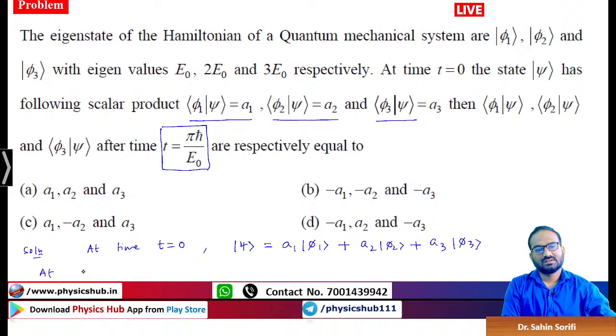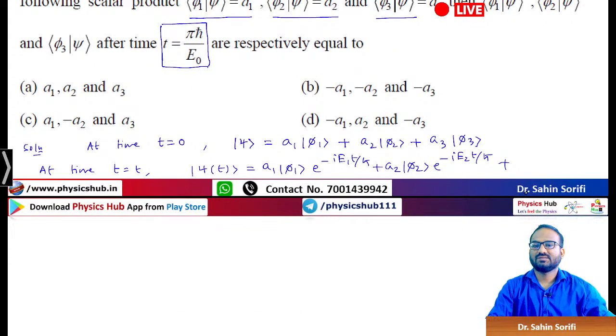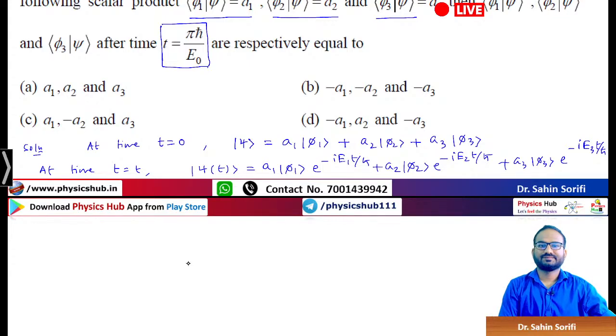So at time t, what we will have, let's say psi of t, this will be a1 phi 1 e to the power minus i E1 t by h cut, plus a2 phi 2 e to the power minus i E2 t by h cut, plus the third term will be a3 phi 3 e to the power minus i E3 t by h cut.